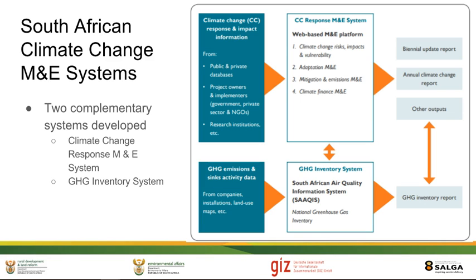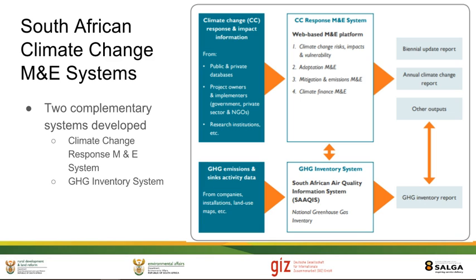Based on the requirements of the NDP and the National Climate Change Response Plan, two complementary climate change monitoring and evaluation systems were developed. The first is the Climate Change Response M&E System, and the second is the GHG Inventory System.